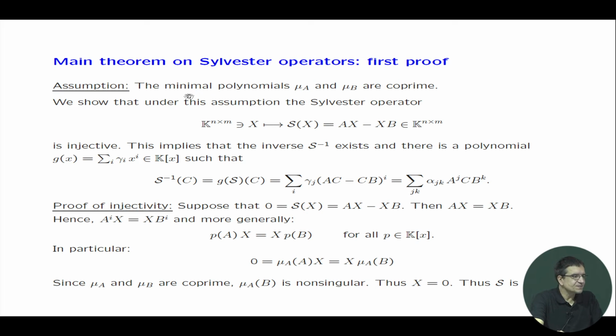Now, we assume that A and B have minimal polynomials which are co-prime.